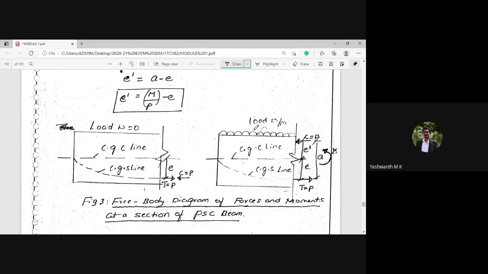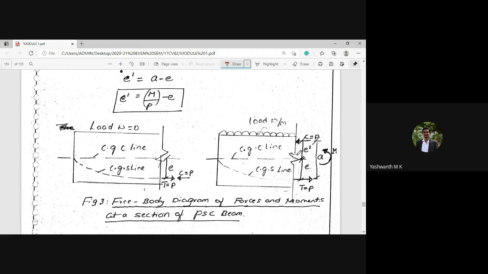When it is subjected to this, this will be the pre-stressing force line which has been induced, and the C line or pressure line which was coinciding when there was no transverse load has been shifted by a distance A. That A is equal to eccentricity plus the shift of the pressure line from the centroidal axis.